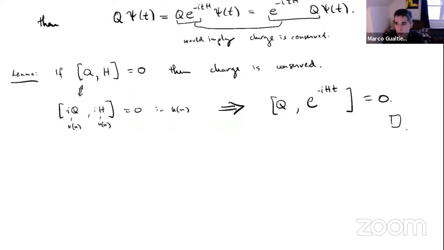That's really the important thing to know: to really call something a charge which is conserved. I mean, you could in principle call any observable a charge if you wanted to. But when they give it the name charge, it's typically because it is conserved, at least they think it's conserved in some situations. And that would mean that it commutes with the Hamiltonian, so you can simultaneously diagonalize them.